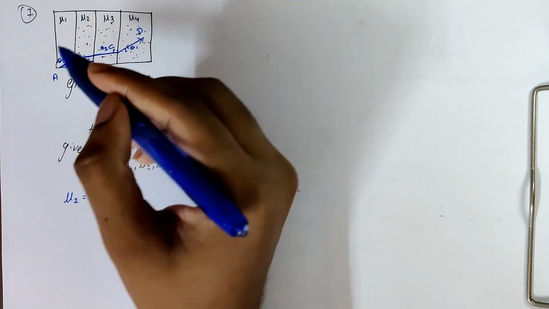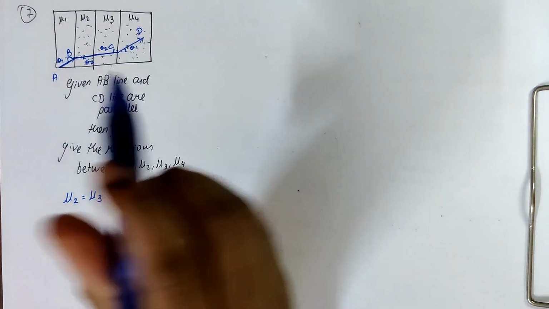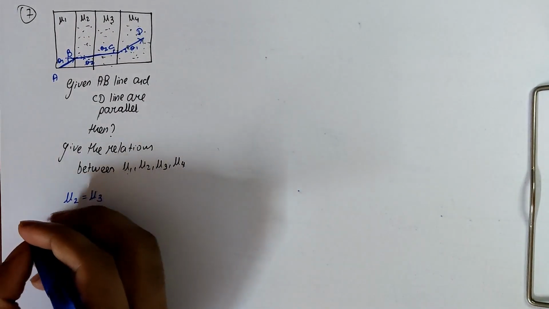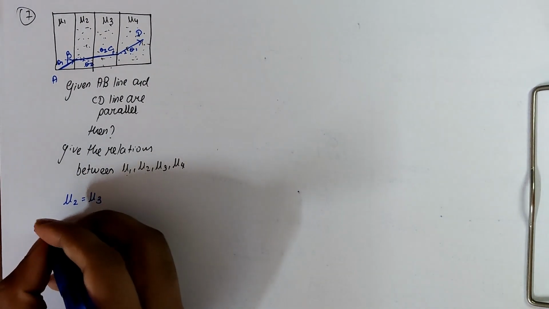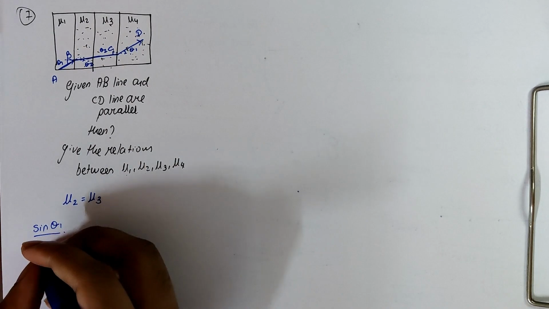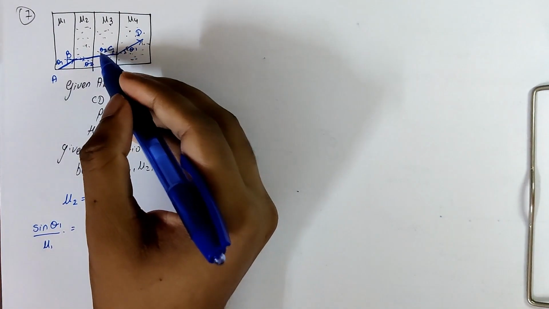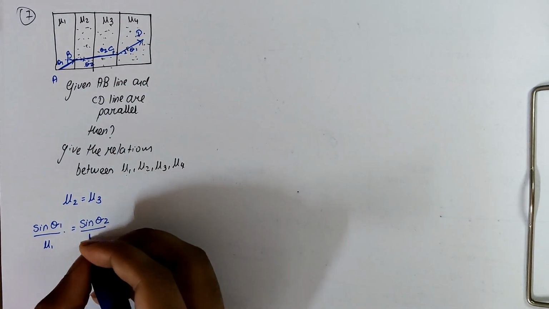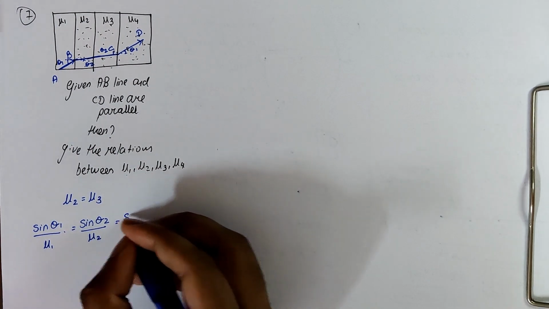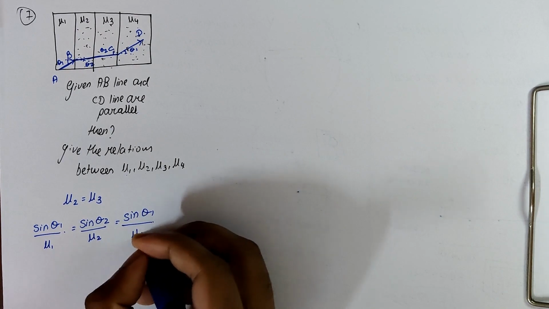Since it is already given that line AB is parallel to CD, we can confirm another fact. But before that, let's write the formula of Snell's law, which is sin theta 1 by mu 1 is equal to sin theta 2 by mu 2 is equal to sin theta 1 by mu 4.